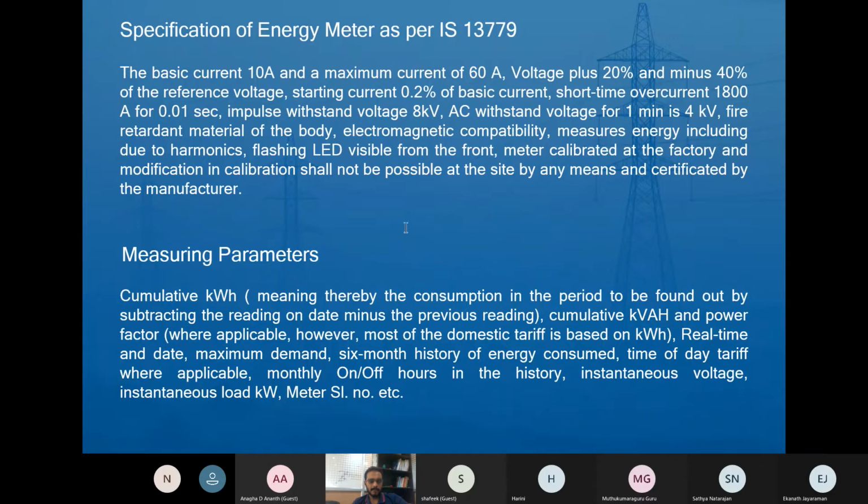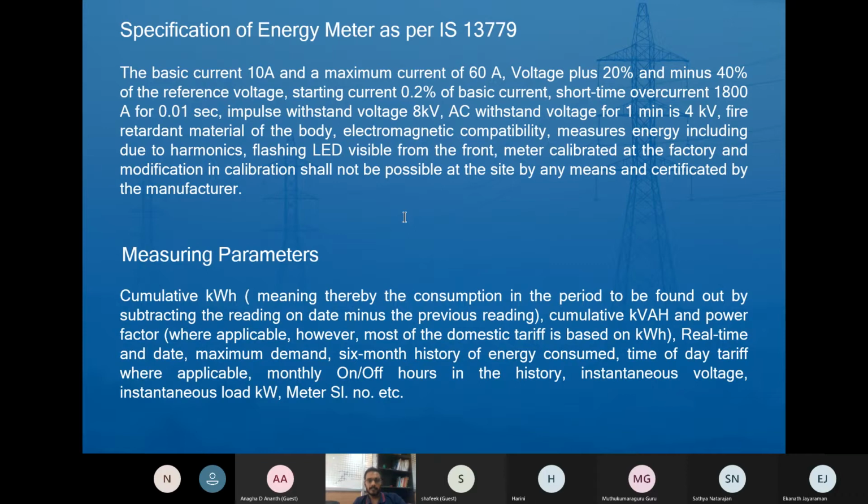What are the parameters that electric meters need to measure? The main parameter is consumption, that is cumulative kWh, meaning the consumption in a period is found by subtracting the previous reading from the reading on the date. Cumulative kVAh and the power factor where applicable.